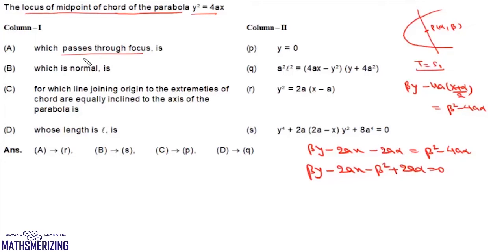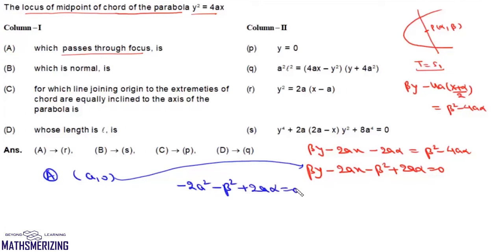Now the first question is, it passes through the focus. So if it passes through the focus, that means it will pass through (a, 0). So we'll put x as a and y as 0. So it will be minus 2a squared minus beta squared plus 2a alpha equals 0. Now we'll replace alpha with x and beta with y.